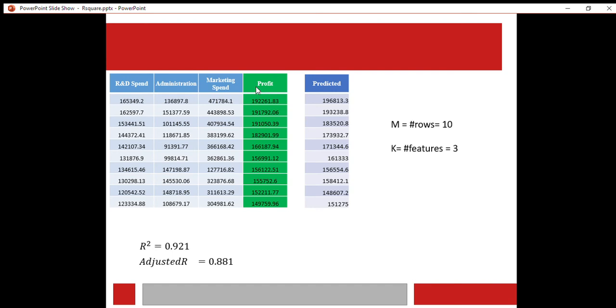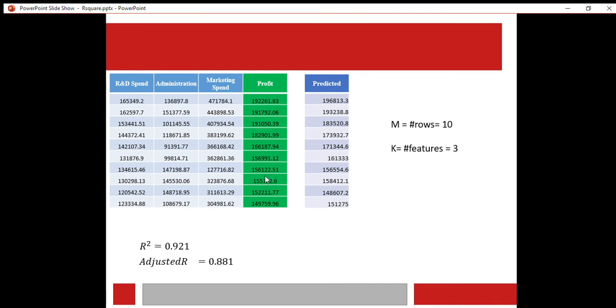Assume that we already created our multiple linear regression. If you have no idea about this, I have some videos and you can have a look. Now let's say we have only this sample of data, just 10 rows, and the number of features is 3: 1, 2, 3.